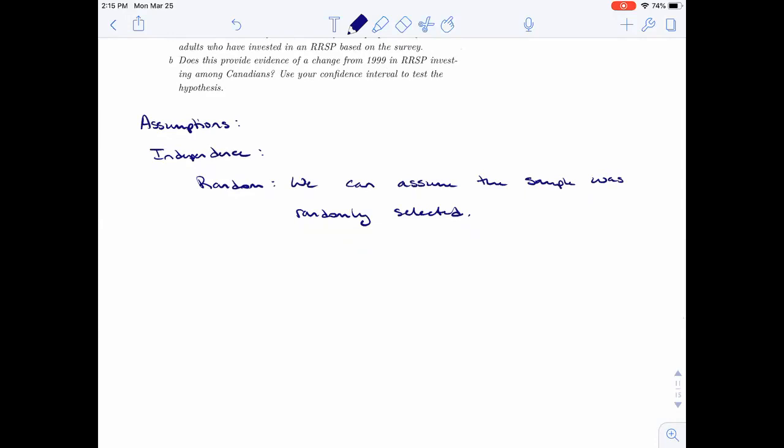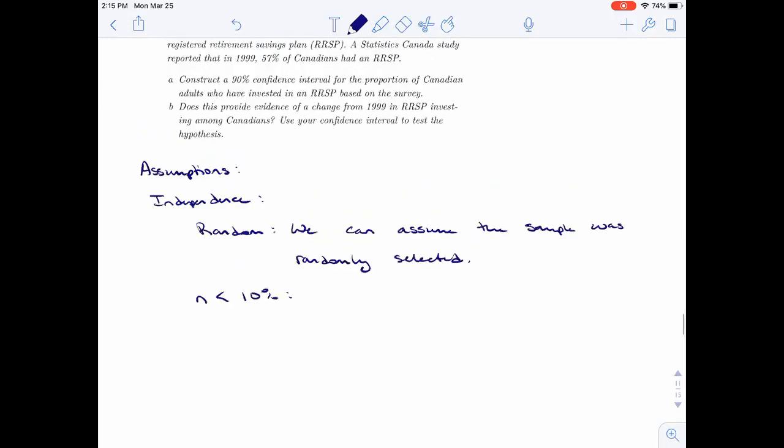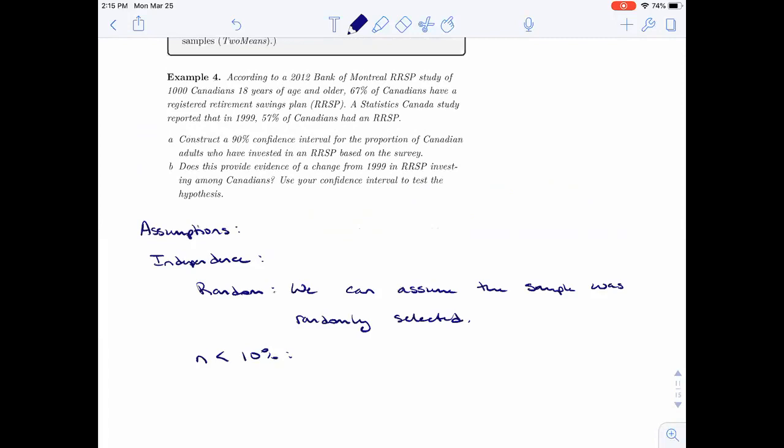The second part is, is n less than 10%? So we've got a sample size of 1,000 adult Canadians, let's say 18 years of age or older. Let's just call them adults for simplicity. So we've got 1,000 Canadian adults.